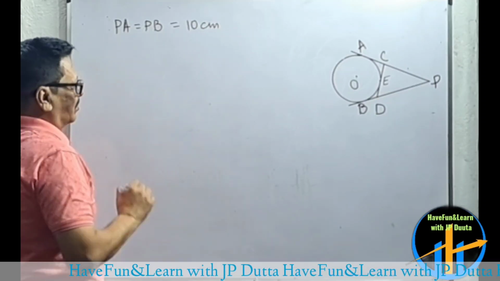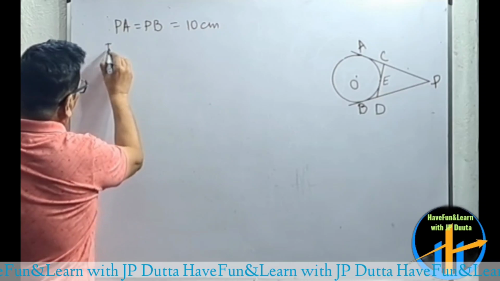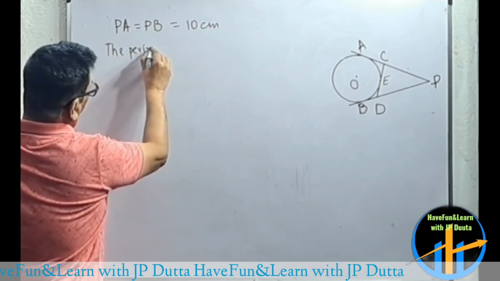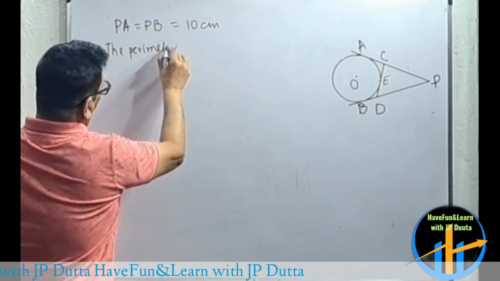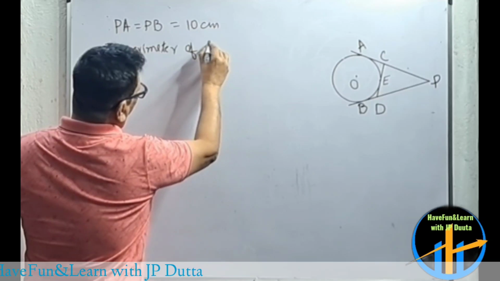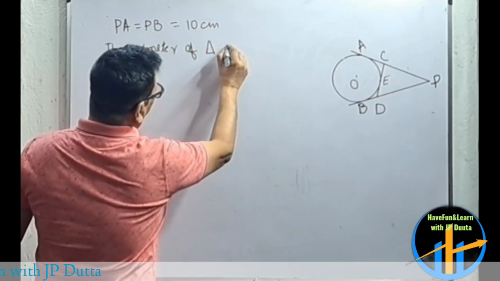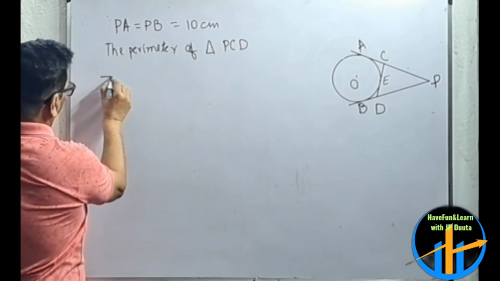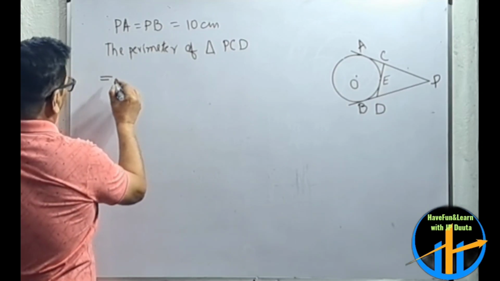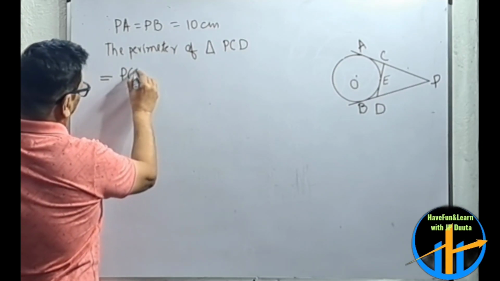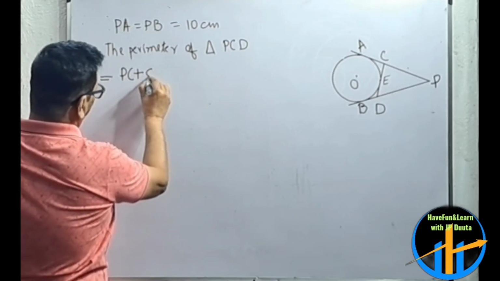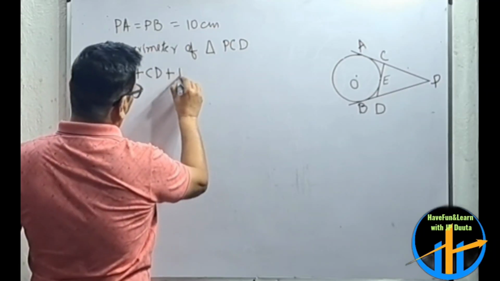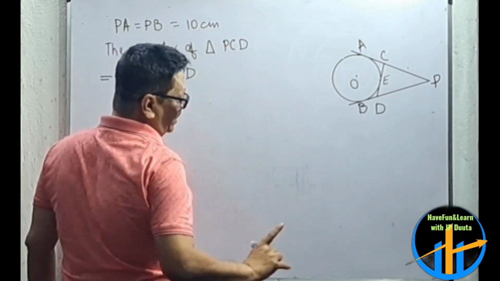Now, perimeter of triangle PCD is equal to PC plus CD plus PD. Now here is the point.